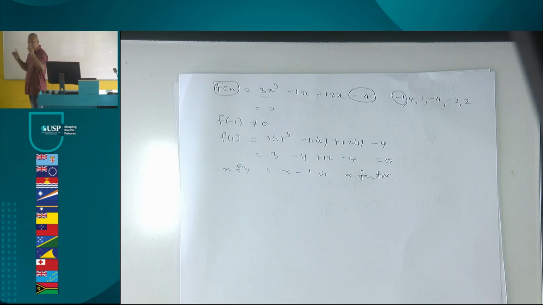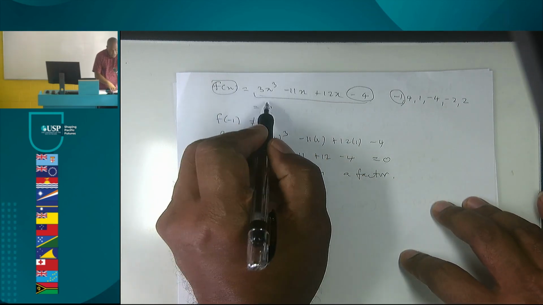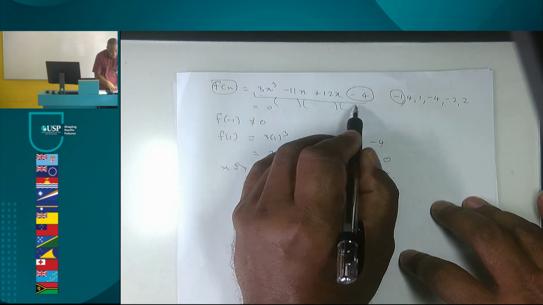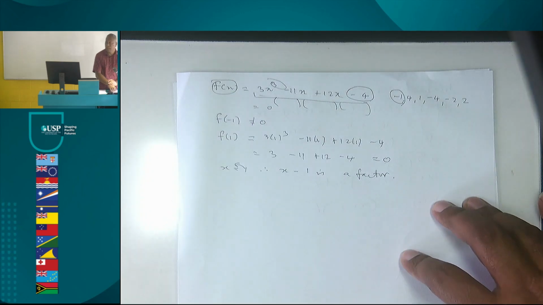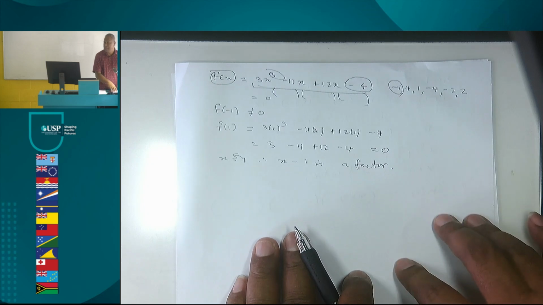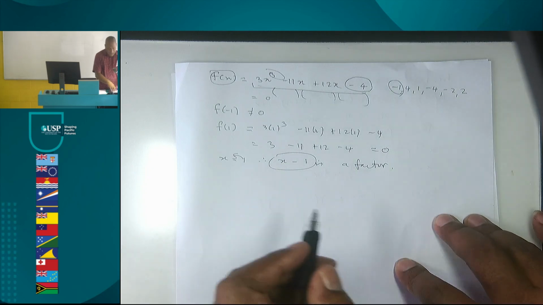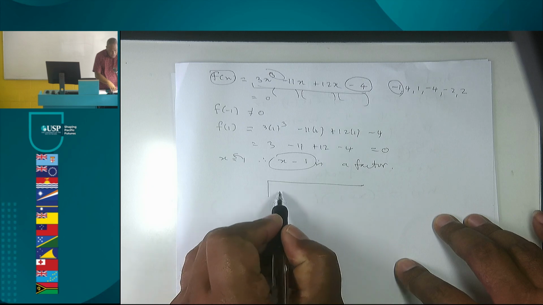Set? We found one factor. Now, we are required to fully factorize. We expect to have 3 brackets because it's cubic. So tell me, what should our next step be, now that we've found the first factor? Yeah, we'll have to do long division.